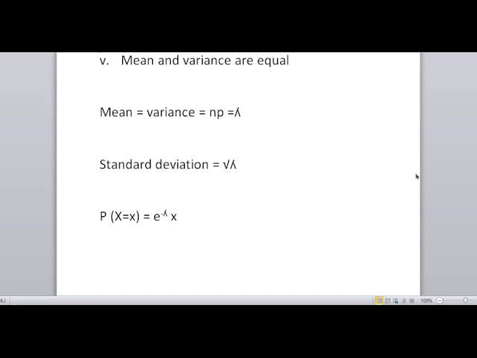Okay, multiplied by, but even if you don't put a multiplication, just leave it like that. Multiplied by lambda again. Okay, now lambda to the power x, where x is a variable.